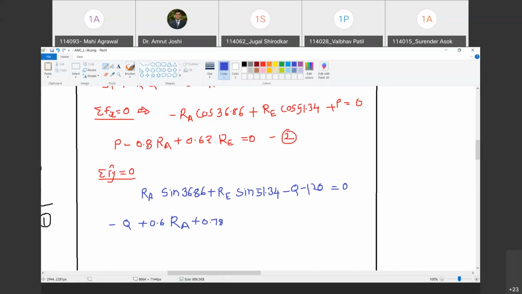What is 0.8 squared plus 0.6 squared? So it's 1. Good. So we are on the right track. Minus Q plus 0.6 RA plus 0.78 times RE. Are you with me? Yes, sir. This has to be equal to 120. This is equation number 3.